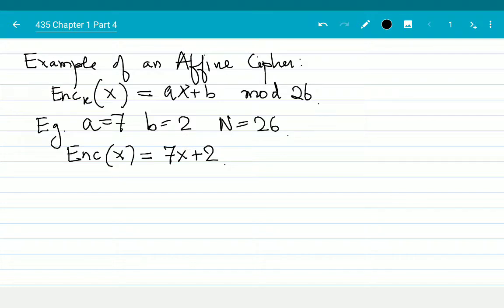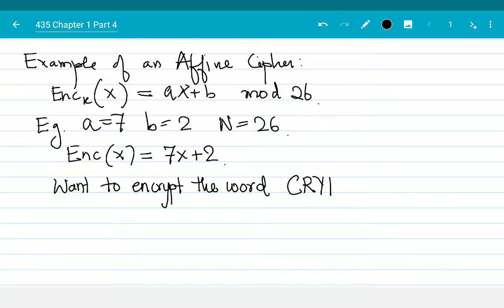Okay. Now suppose I want to encrypt the word CRYPTO. Then how do I do this? Well, I write down the numbers for each of these.